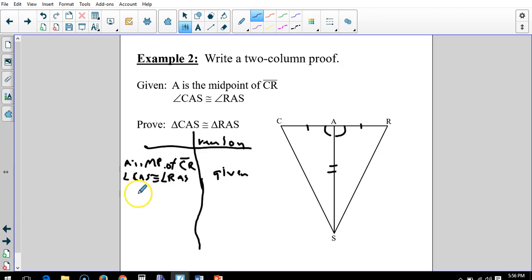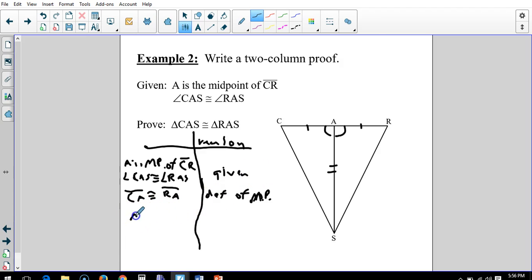Okay, so now we just fill in what we marked. So we said that CA is congruent to RA, and that's the definition of midpoint. Horribly, I'm sorry.